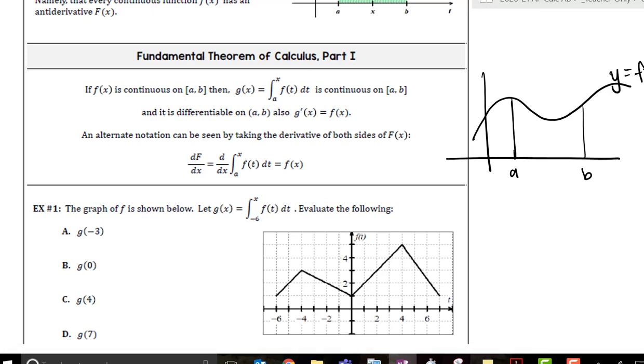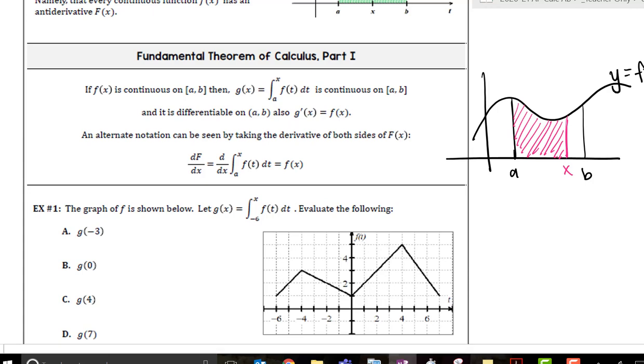Let's say that we draw a value, starting at a and going all the way to x. So that area under the curve would be from a to x. Now, what this is saying is x is in between a and b, and it's also differentiable.